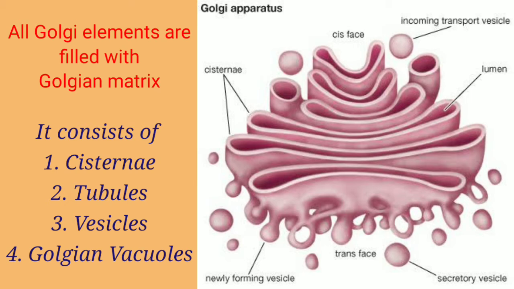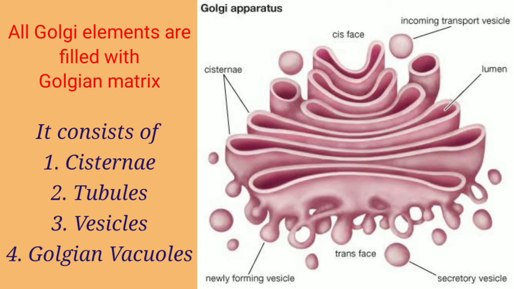Now let's come to the first part of the structure of the Golgi apparatus. As you can see in the diagram, the major part of this structure is covered by the cisternae. It consists of a stack of generally 4 to 8 membrane-bound saccules or cisternae, and these cisternae are smooth but of variable thickness.